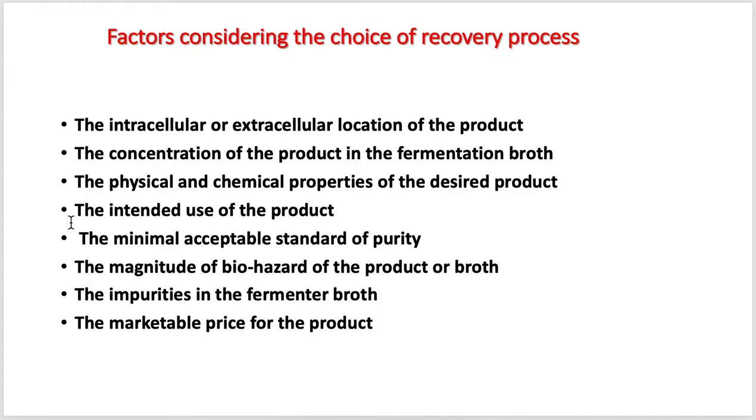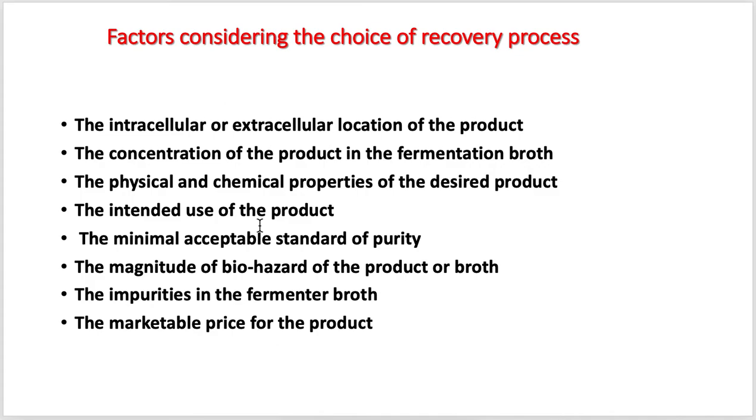Then there is the intended use of the product, for what purpose we are going to use it. If we are going to use the product as, for example, a therapeutic agent to treat a disease, then it has to be very pure. Sometimes we may not need a very pure form of the product, so intended use is also important.